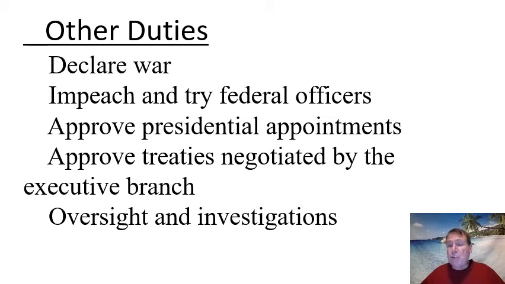Congress can bring up on charges, and if found guilty in the Senate by 2/3 vote, they can be kicked out. That includes fellow House members and senators. It includes judges in the judicial branch, and of course it includes anybody in the executive branch as well. And of course, as we saw yesterday, they approve presidential appointments.